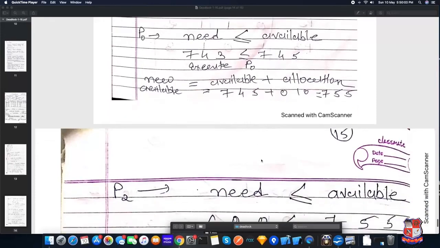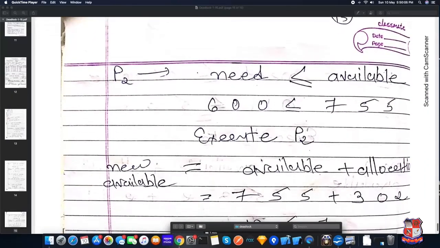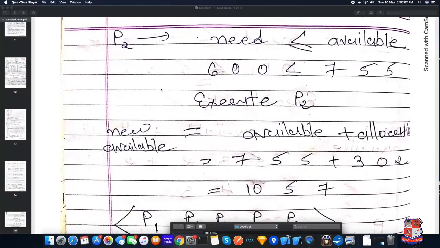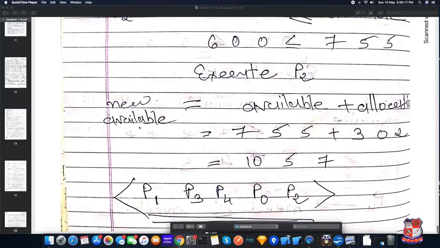We apply this condition also for P2. Need is 600 and available is 755, so the condition is true. We find the new available value, available plus allocation: 755 plus 302 is 1057. Now this is the new available value.